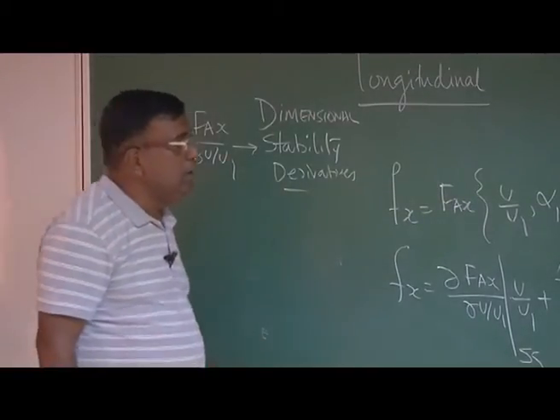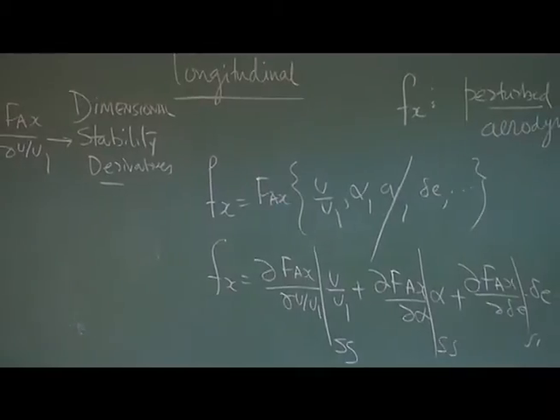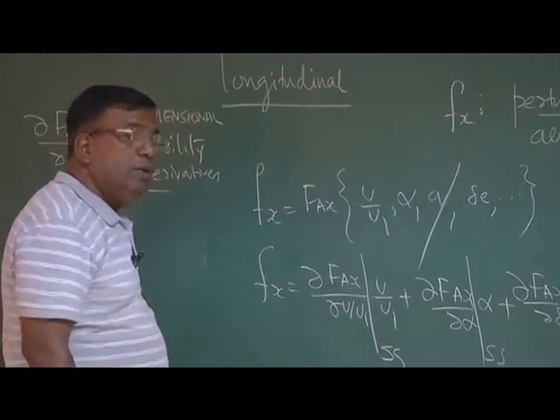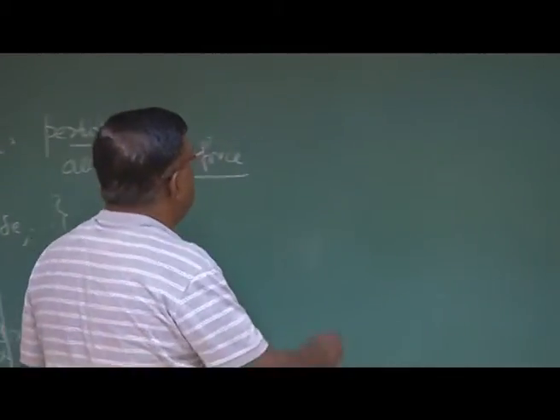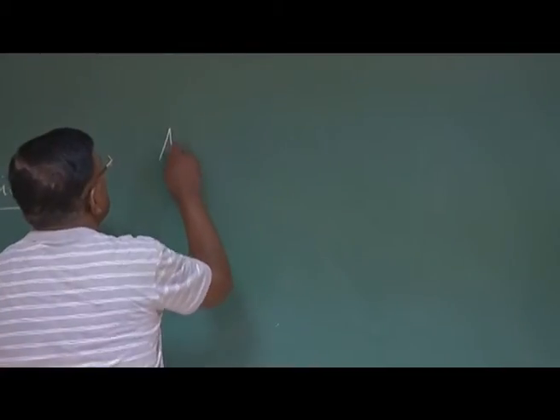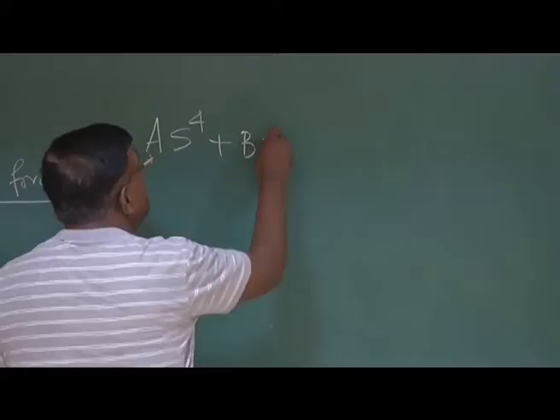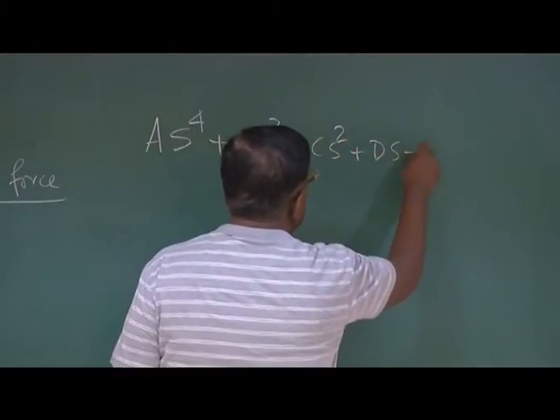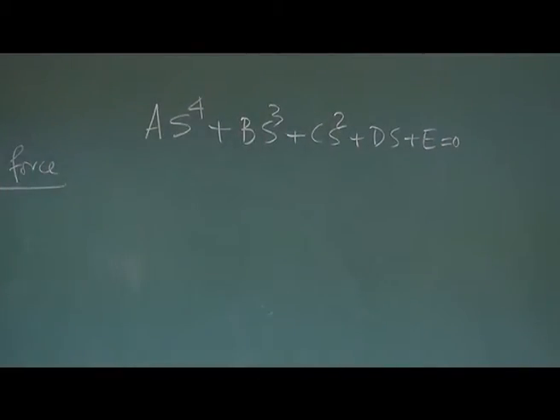Then what we realized, once we develop the equations of motion, which are called longitudinal perturbed equations of motion, we took Laplace transform, right? And through Laplace transform, we developed equations of the form A s to the power 4 plus b s cube plus c s square plus d s plus E equal to 0, right?